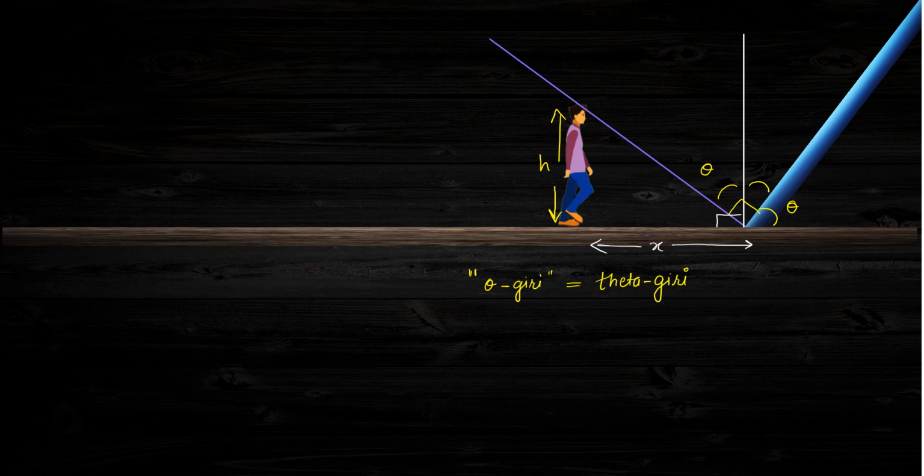Alright, so since this angle is theta, it stands to reason that this angle right over here is also theta. So it should be very clear to us that x upon h happens to be equal to tan theta, and x happens to be equal to h tan theta, and that is the answer for the value of x.